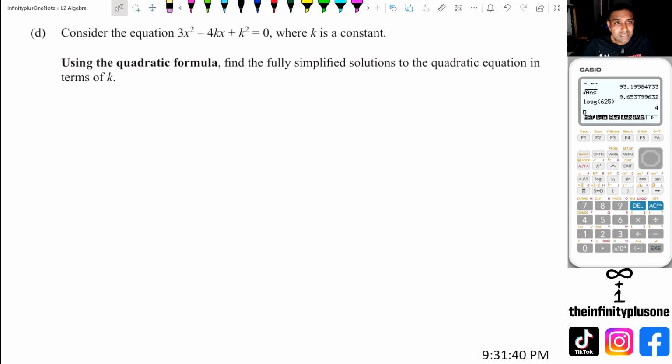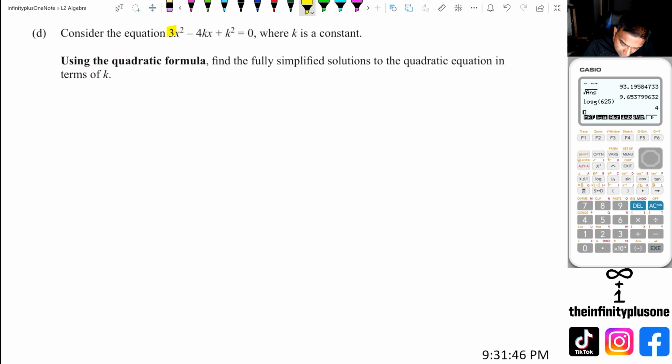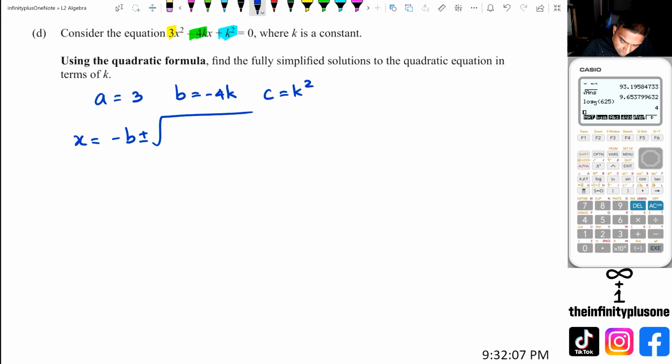But anyway, question D. Consider this equation where k is a constant. Use the quadratic formula. Okay, so we do have to use the quadratic formula where our a value is 3, b value is minus 4k, and c value is k squared. So using the quadratic formula, it's going to be minus b plus or minus the square root of b squared minus 4ac over 2a.